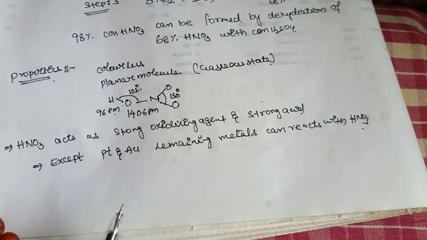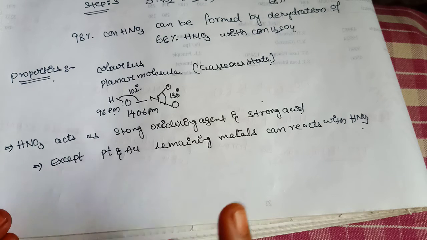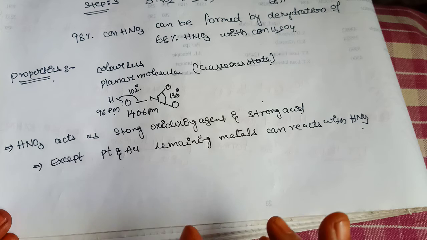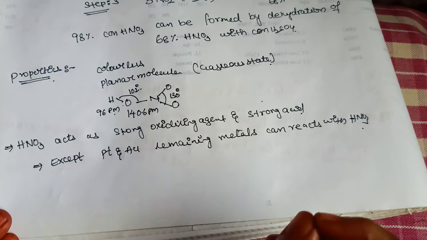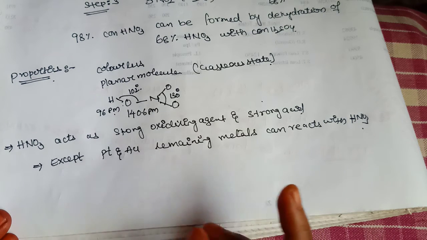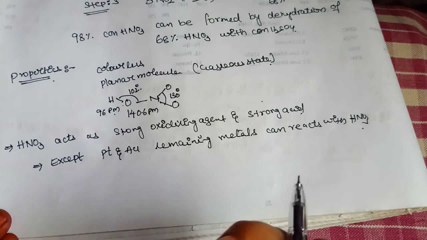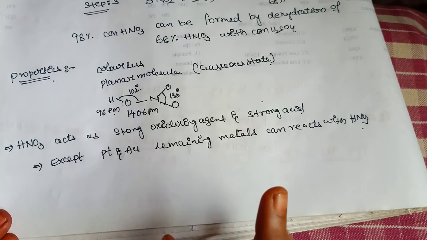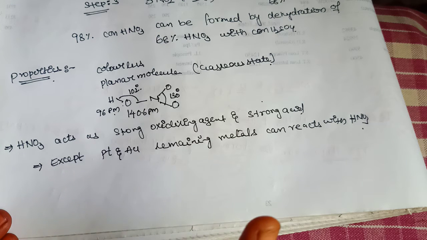Here, a positive reduction potential element reacts with concentrated HNO3 to give nitrogen dioxide. A positive reduction potential metal reacts with dilute HNO3 to give nitric oxide. Are you able to understand? Positive reduction potential element like copper.